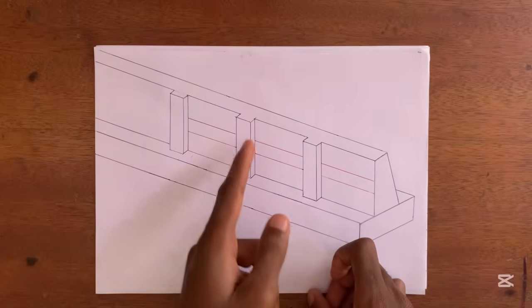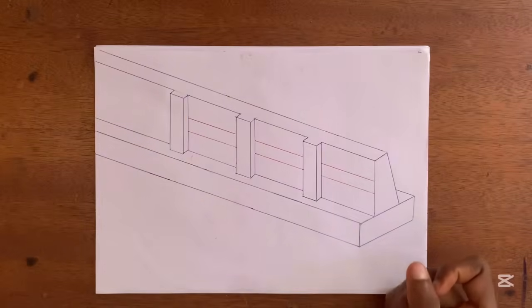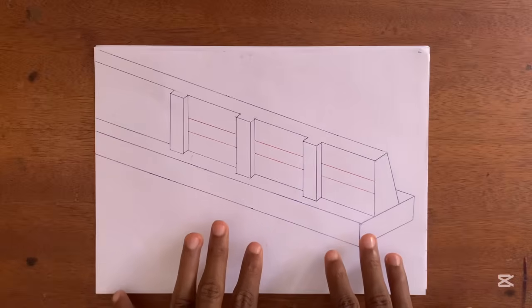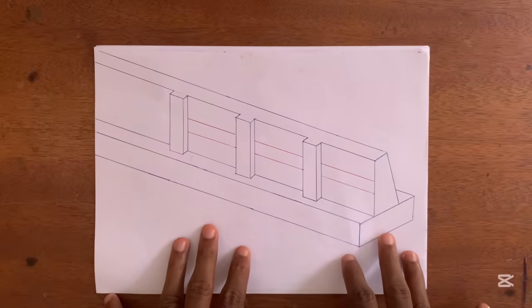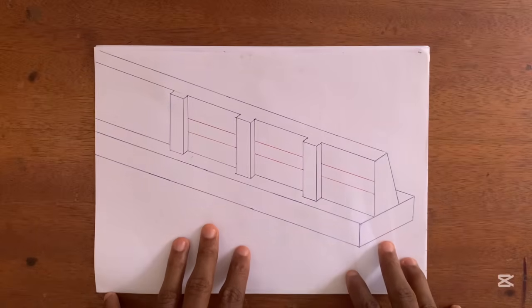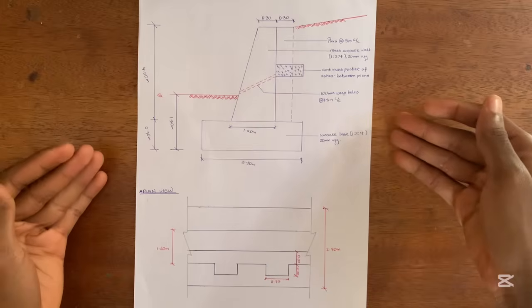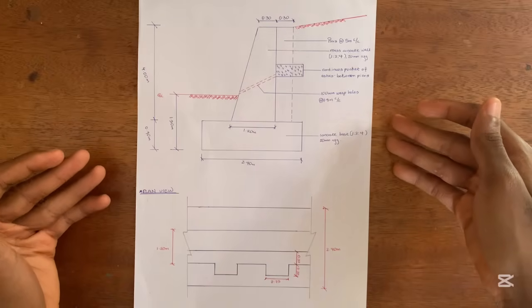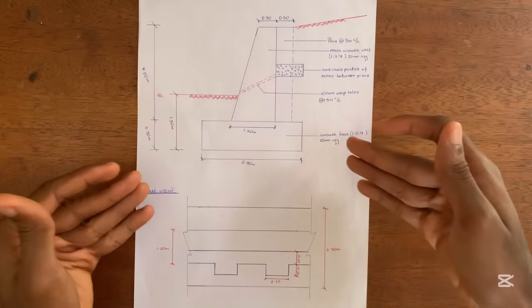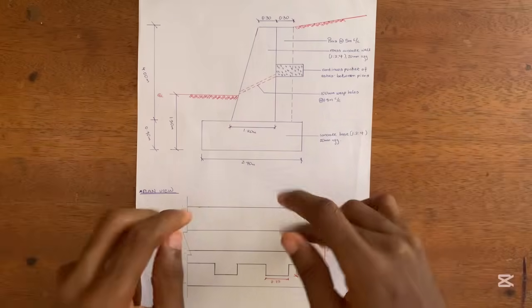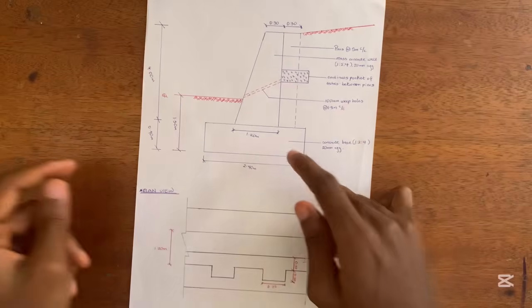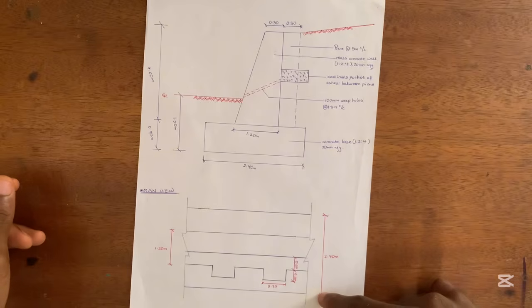So as you can see, we have piers spanning throughout the length of the retaining wall. This is just a caricature design showing the elevation of the retaining wall. If you section that retaining wall, you are going to be having this drawing. This is the section of the retaining wall, and this is the plan of the retaining wall.